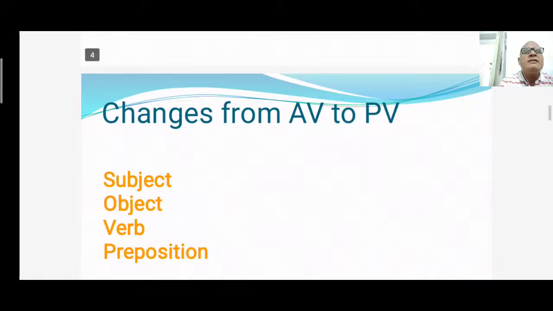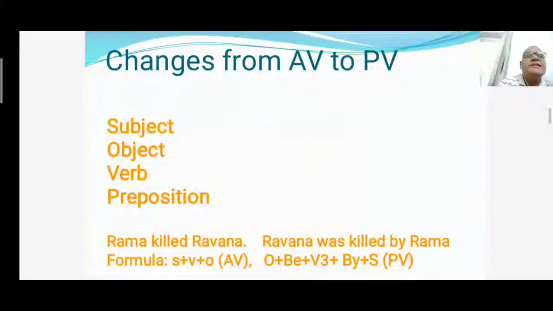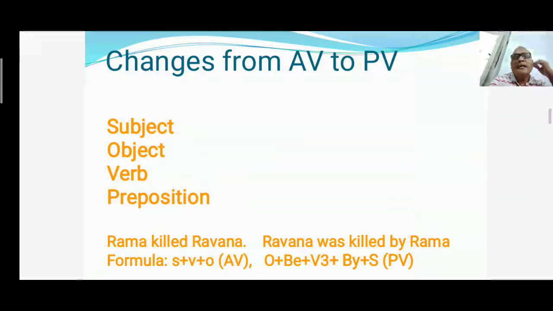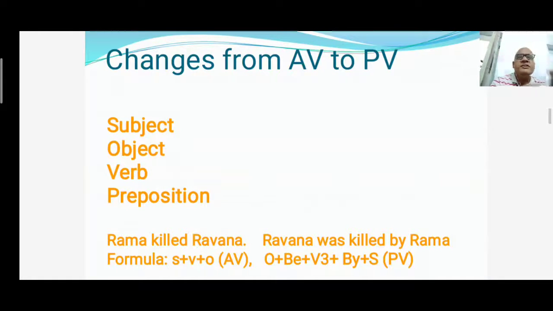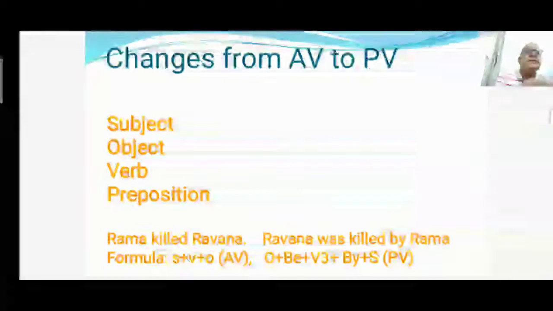When we are converting any sentence from active voice to passive voice, we can see that four changes are there. Those are the changes in the places of subject and object. The subject plays the active role in active voice, but in passive voice the object plays the active role, and the verb is in passive form. These are the three changes.